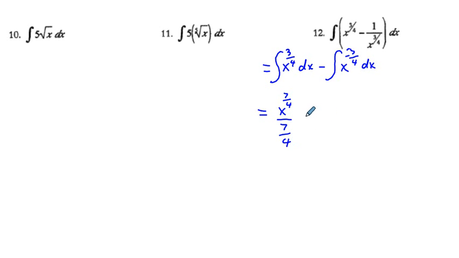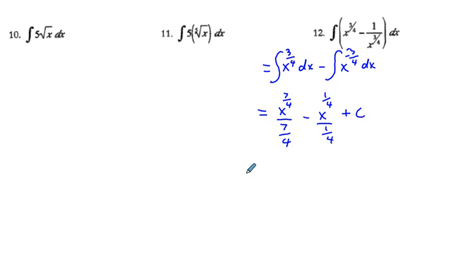And then we have minus, we have x to the, what's negative 3/4 plus 1? Well, that's going to be x to the 1/4, and we're going to divide by 1/4, which is the power we raised to, plus our constant of integration c.